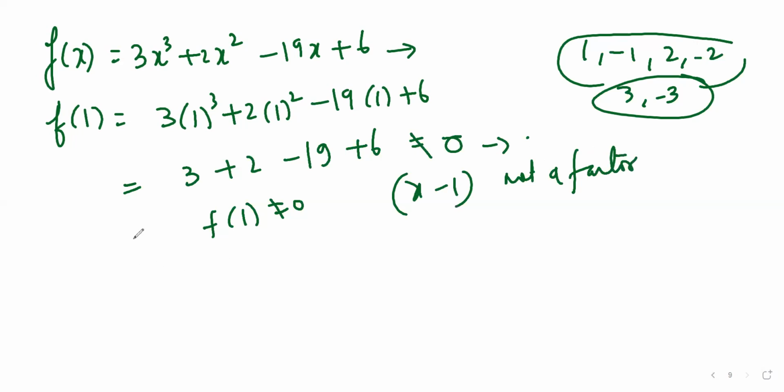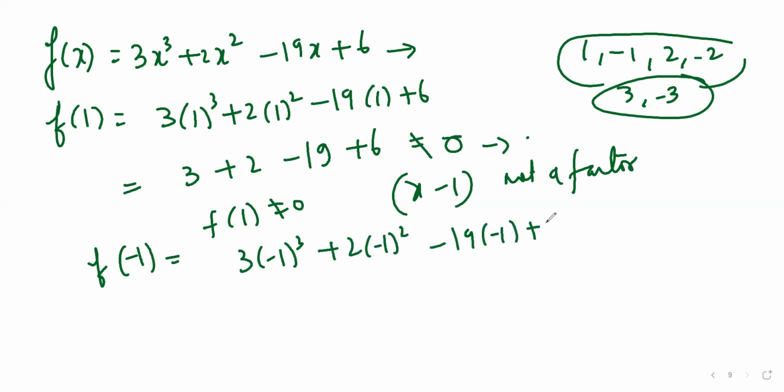So you can check f of minus 1. F of minus 1 will be 3 into minus 1 cube plus 2 into minus 1 square minus 19 into minus 1 plus 6.